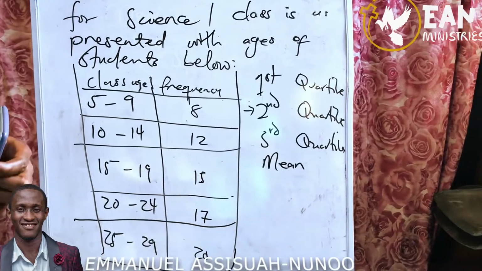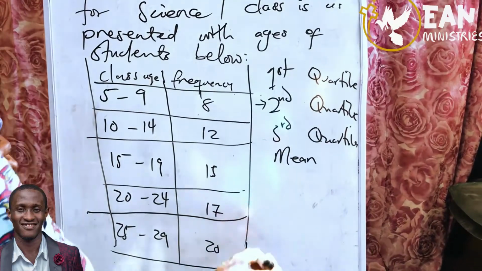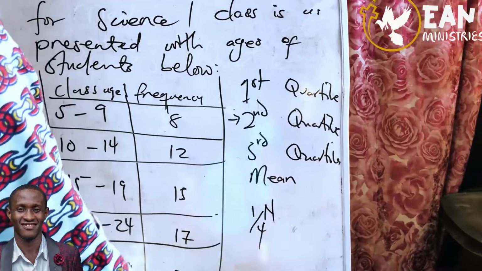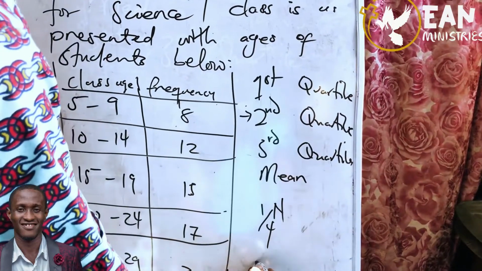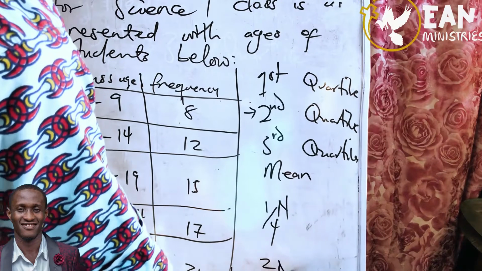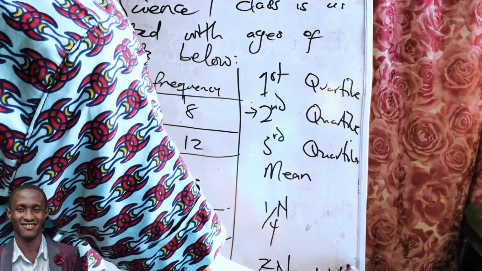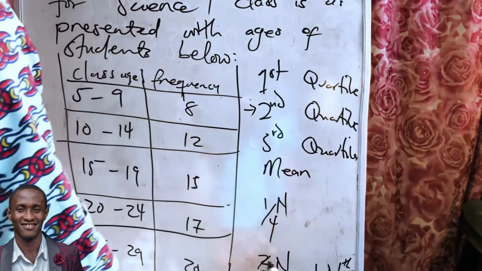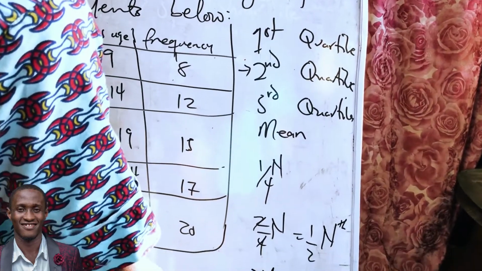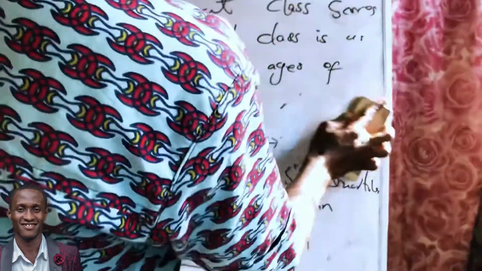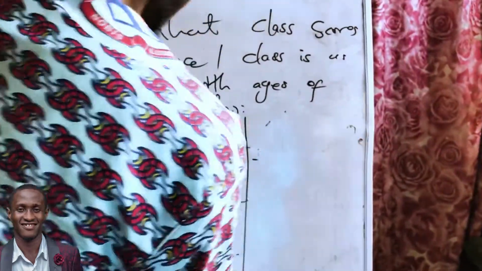Quartile means you divided a thing into 4. So the first quartile is 1/4 n. The second quartile is 2/4 n, so you end up getting 1/2 n. That's where the median position may be. The third will be 3/4 n. Anyway, we'll explain as we go forward. So let's keep track of these values.